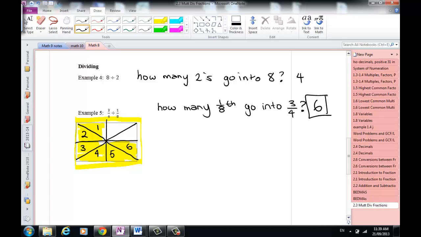Well, this seems like a lot of work. So, of course, we have a shortcut for this. So I'll just rewrite the question here. We have 3/4 divided by 1/8. And now what we do is we multiply, because we know how to multiply, and in fact we have to take the reciprocal.